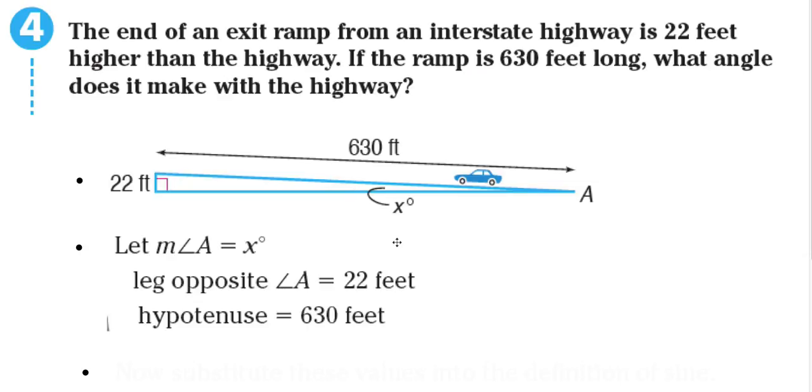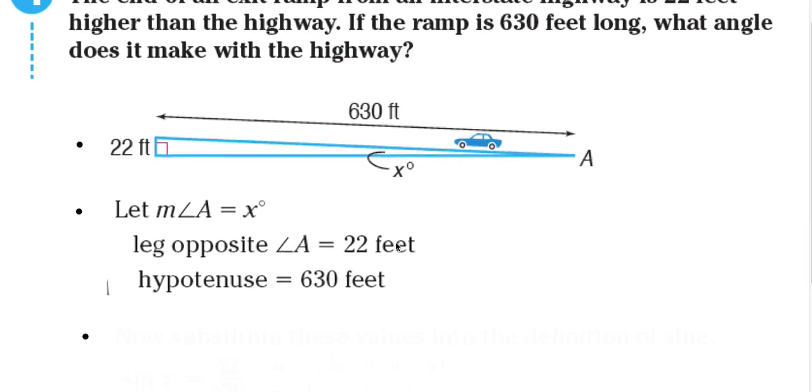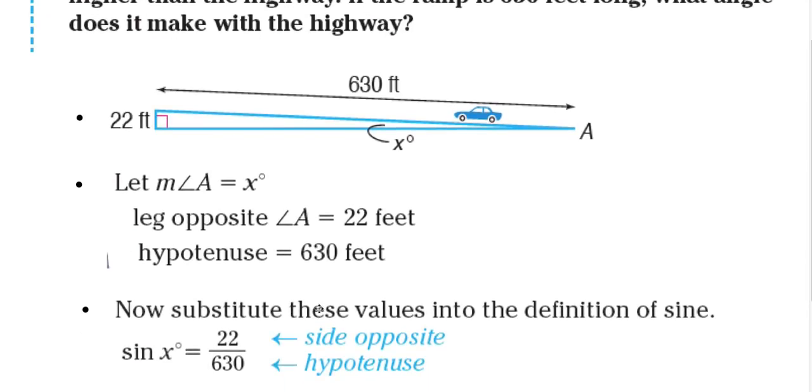Then we need to ask ourselves, how are the opposite leg and hypotenuse related to each other in terms of our trigonometric ratios? Opposite and hypotenuse will give us the SOH ratio, or sine ratio. SOH means opposite over hypotenuse.